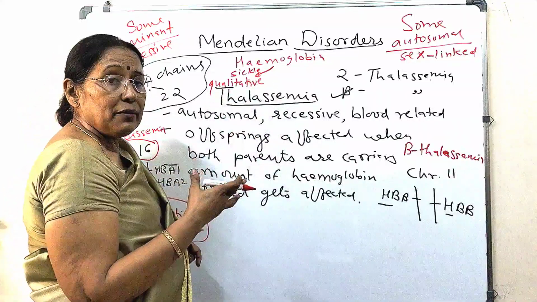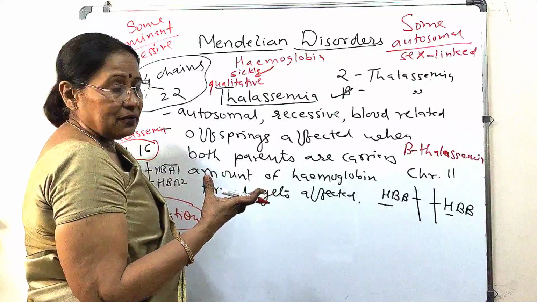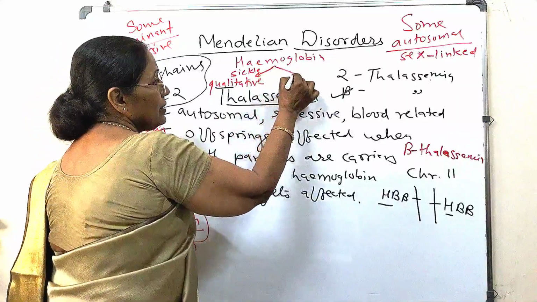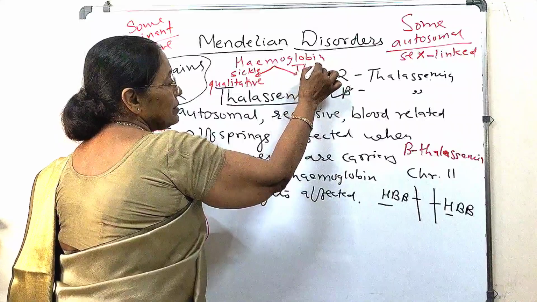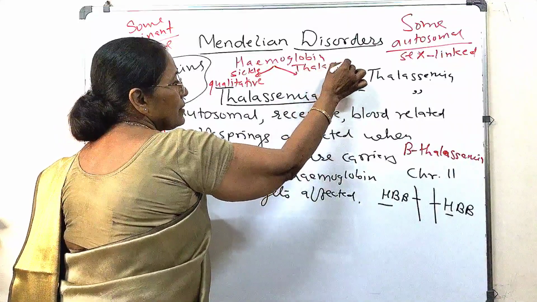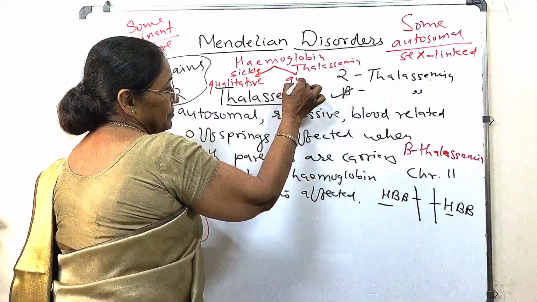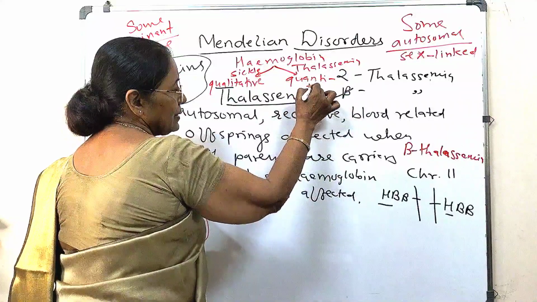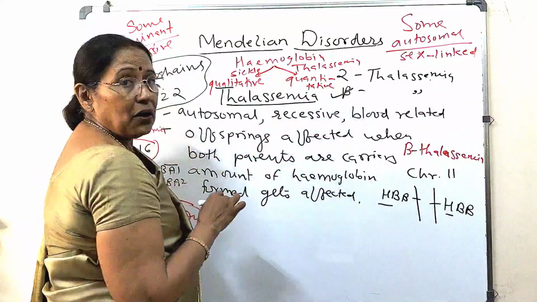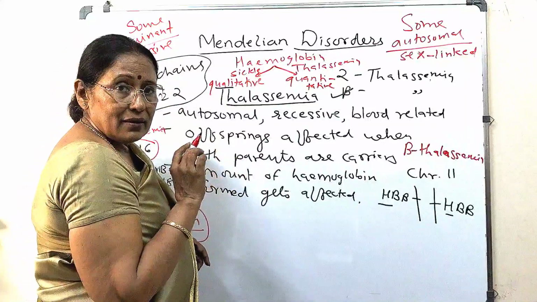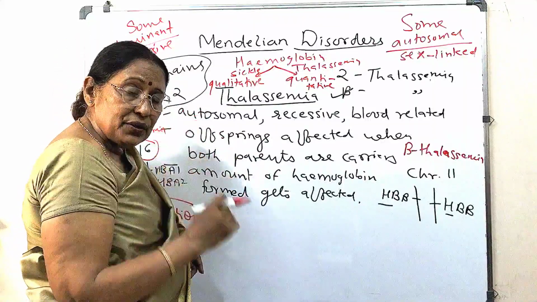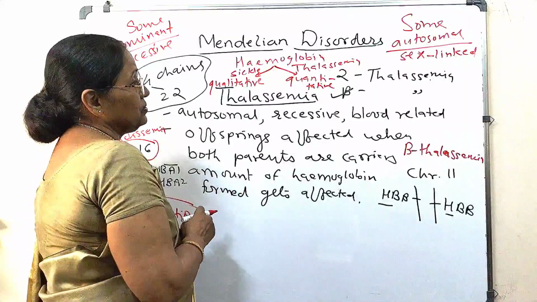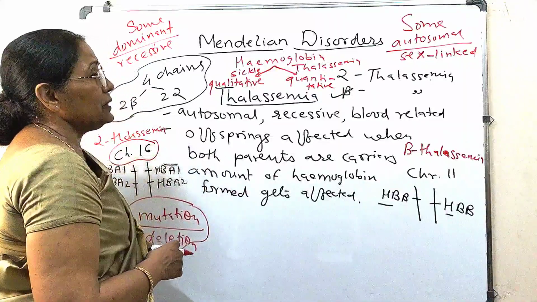Now it is no more able to carry oxygen. But in case of thalassemia, it is quantitative. Means the quantity formed is less. Either alpha or beta chain quantity is reduced. The formation is reduced. So this is alpha and beta thalassemia.